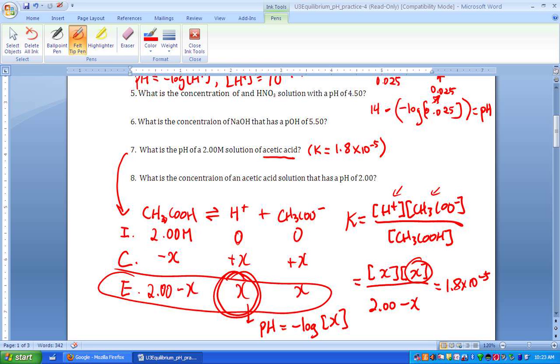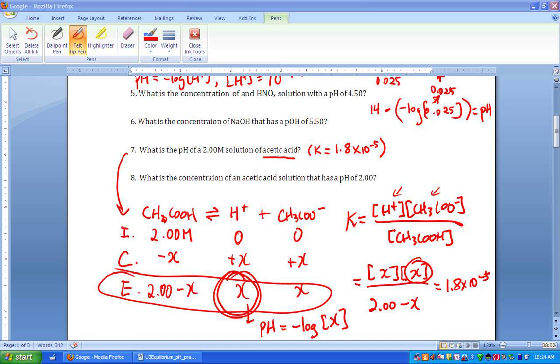In the lab, you measured the pH value, and therefore you were able to find x by doing 10 to the negative of the pH value, and you used that to figure out K. But in this problem, we have a different unknown. You were given K and you were trying to find the pH. So the way you set up the problem is exactly the same, but we just have a different unknown. I really want you to think about that.